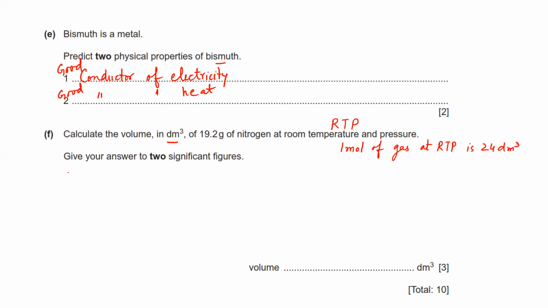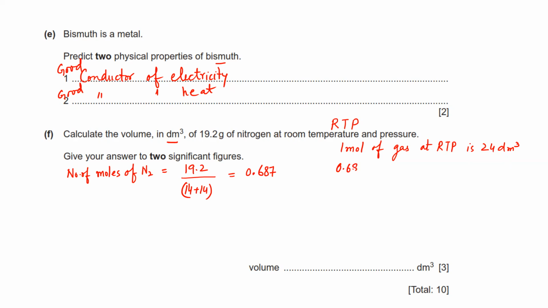So the number of moles of N2 is 19.2 divided by the molecular mass of nitrogen. The molecular mass of nitrogen is 14 plus 14, 28. So the number of moles comes out to be around 0.687 moles.